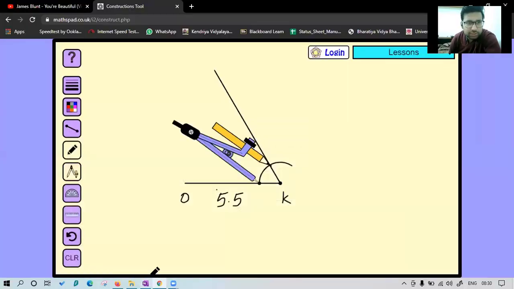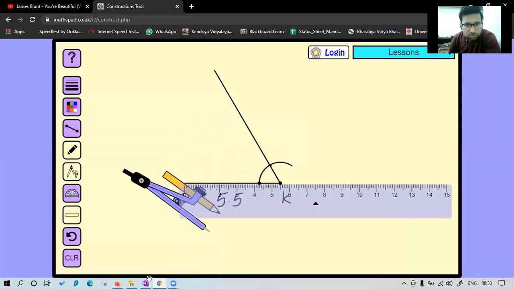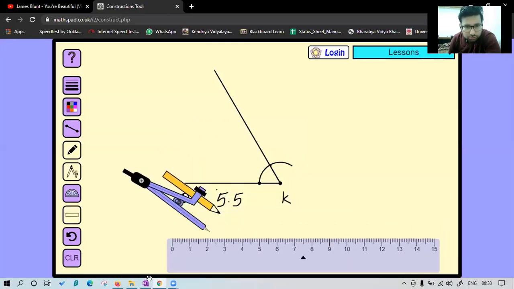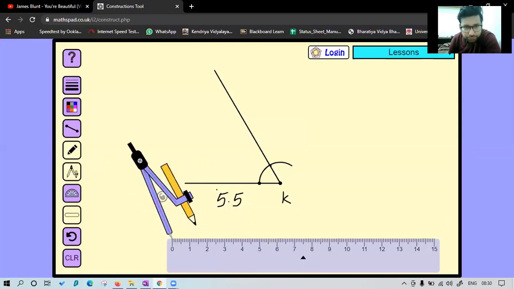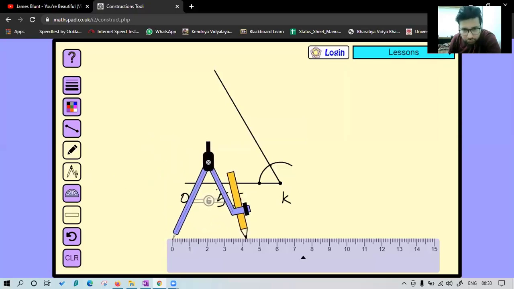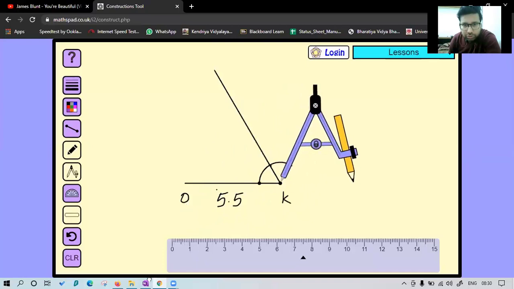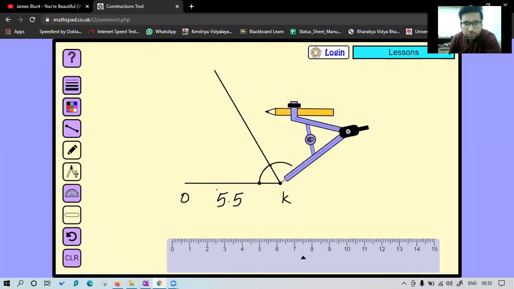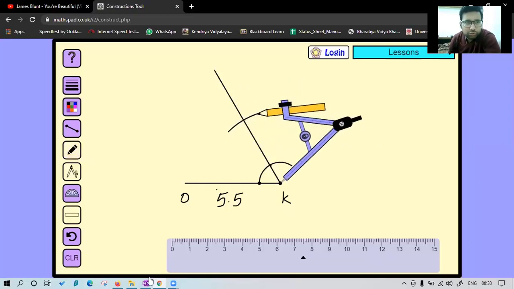Okay, let's take the arc for this, let's use the scale, 4.2. And with this we have got our point A somewhere here. You will find that it is a parallelogram only, don't worry. This is your point A.